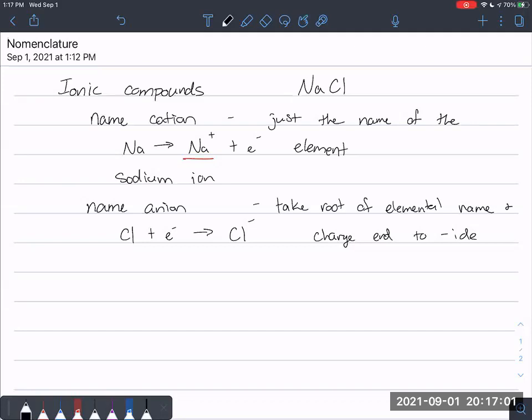So the root of this here is going to be chlor. So this becomes the chloride ion. Now, when we name the compound, we drop the word ion. And so what we would have would be sodium chloride.